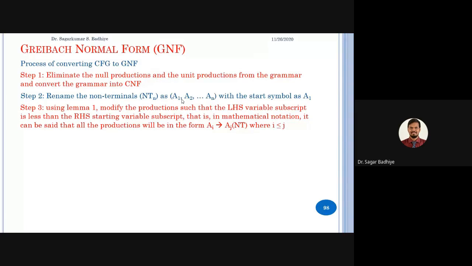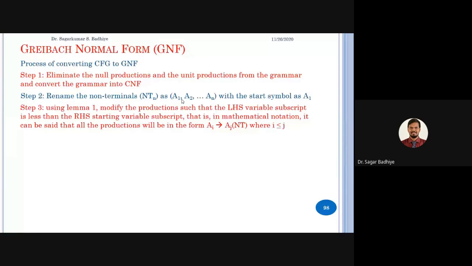In this case, you will look at the production rules, and if you identify some production rules wherein the left hand side variable, that is the non-terminal on the left hand side of the production, has a subscript that is less than the right hand side variable subscript.